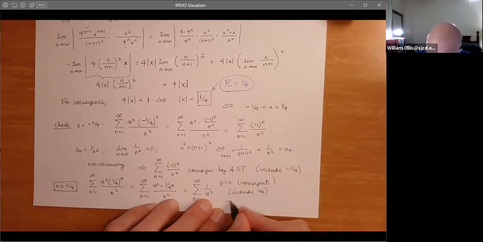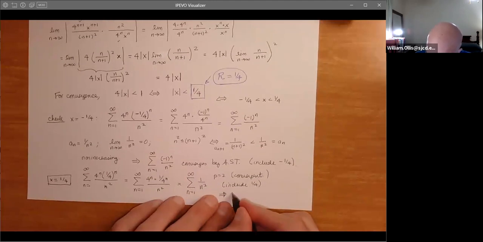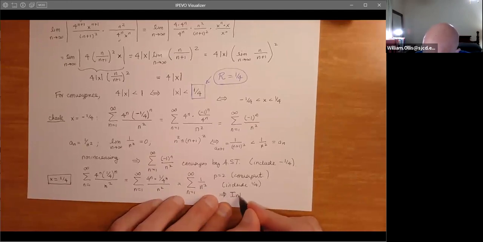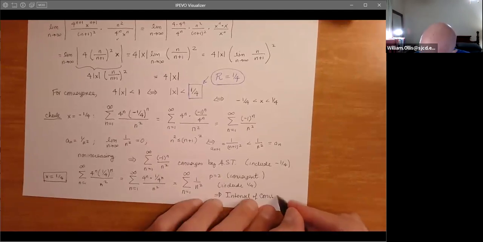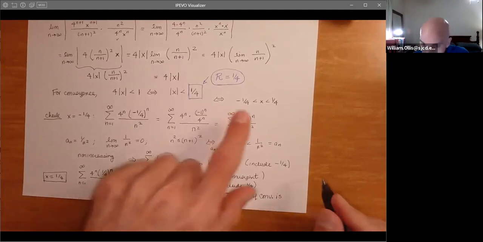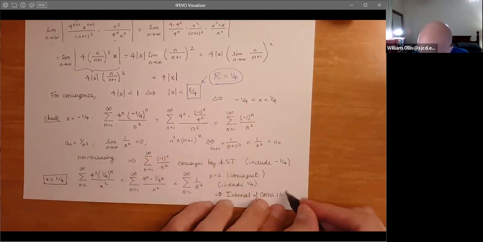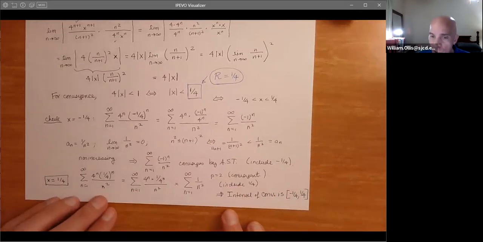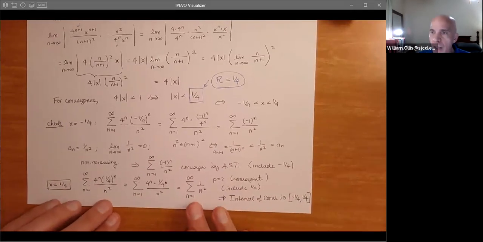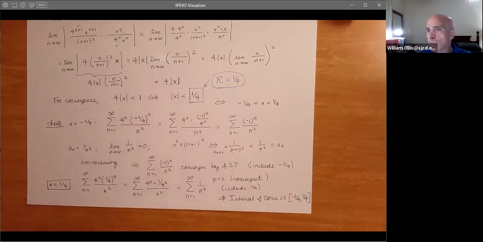So this implies, and we can just say, the interval of convergence is, so we get to include the endpoint. So we'll say negative 1/4 to 1/4 with brackets.